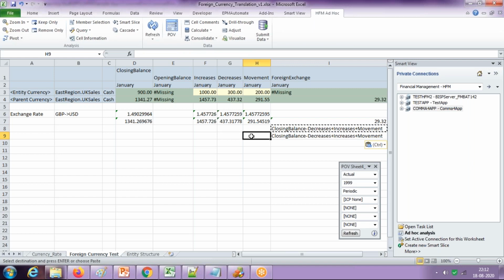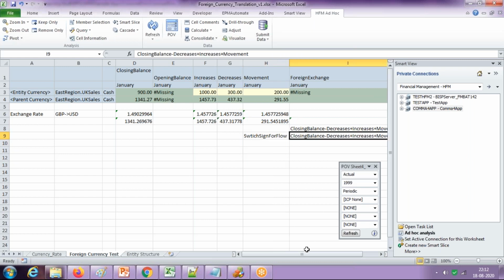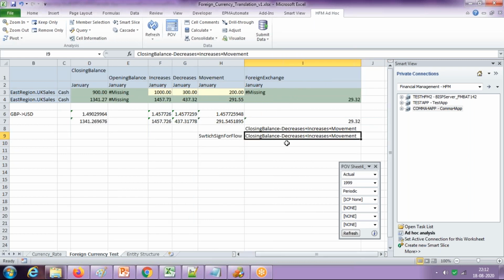We apply switch sign for flow. So the formula which I have written just reverses the sign. So this minus becomes plus and this becomes minus automatically.